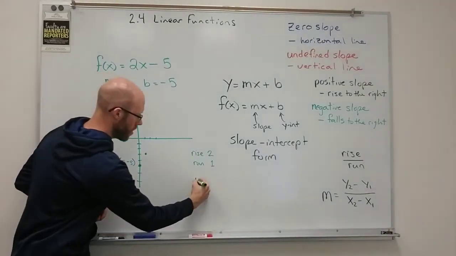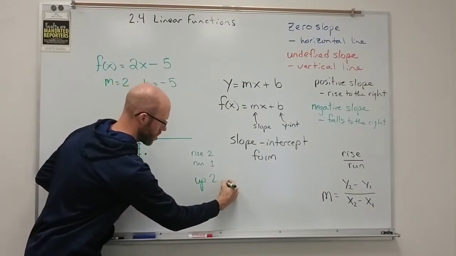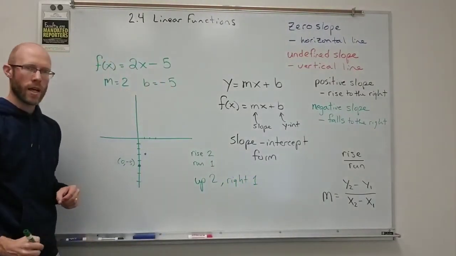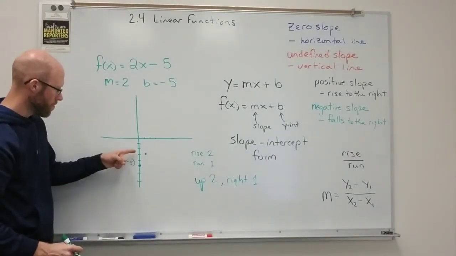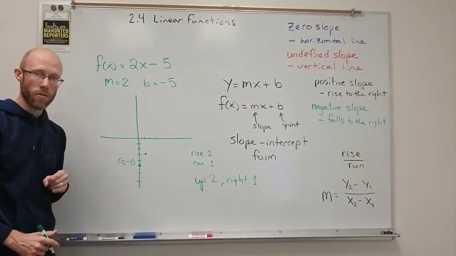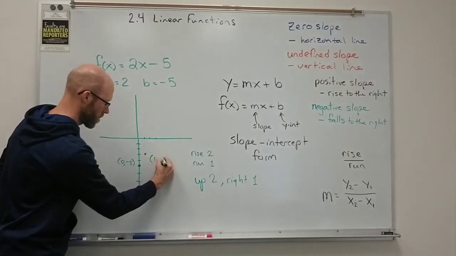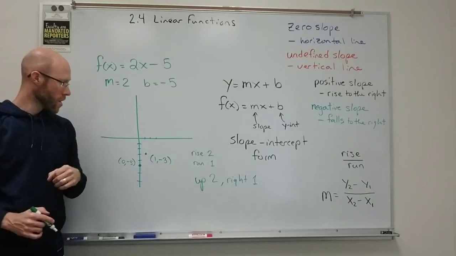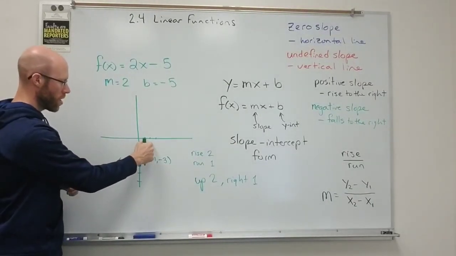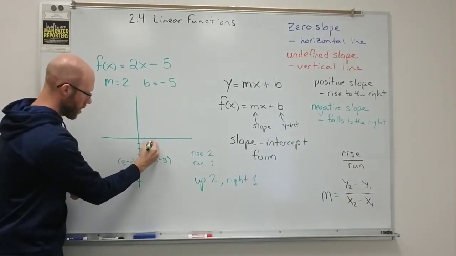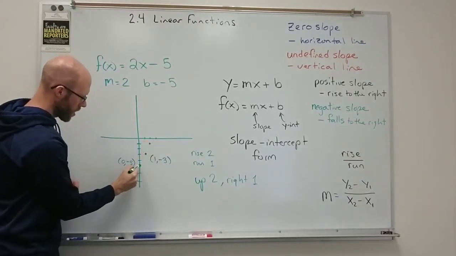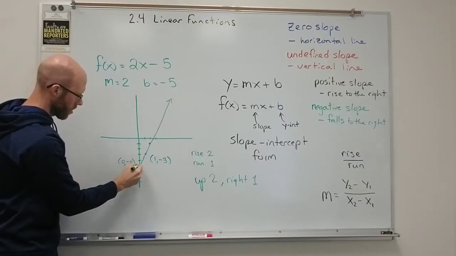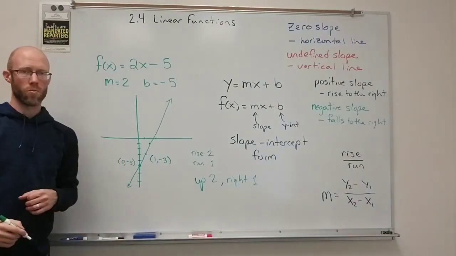So if I go up 2, right 1, that gets me a second point on the line. It's going to be at 1, negative 3. That's going to be the next point on the line. And I can continue that process going up 2 over 1, up 2 over 1, and I will get a nice increasing line to the right.